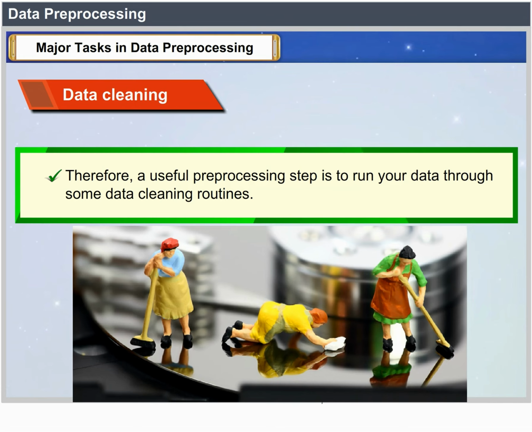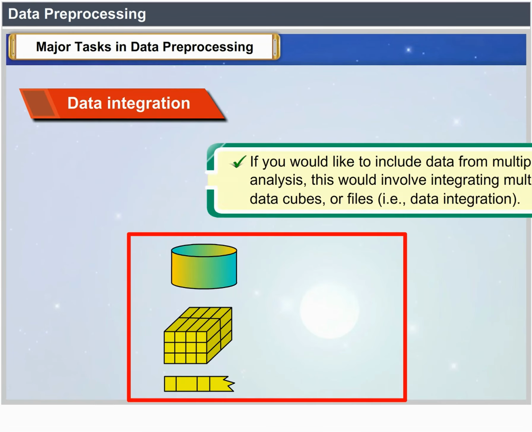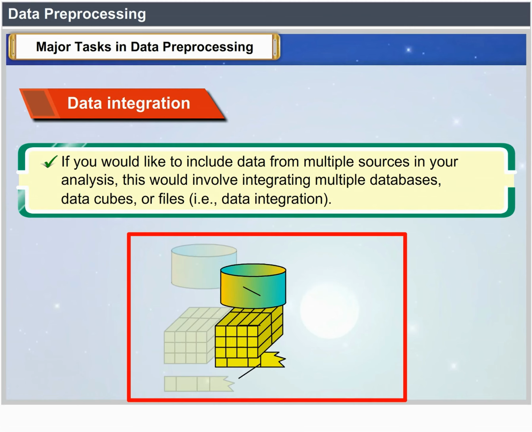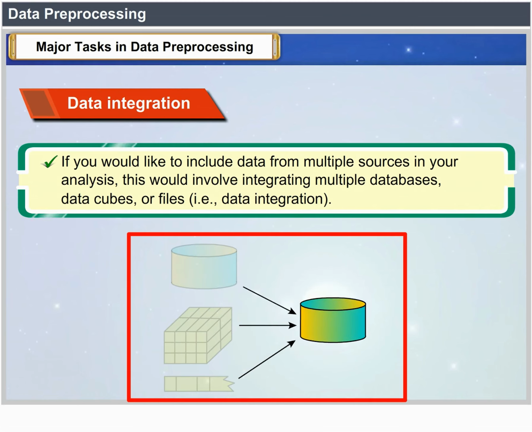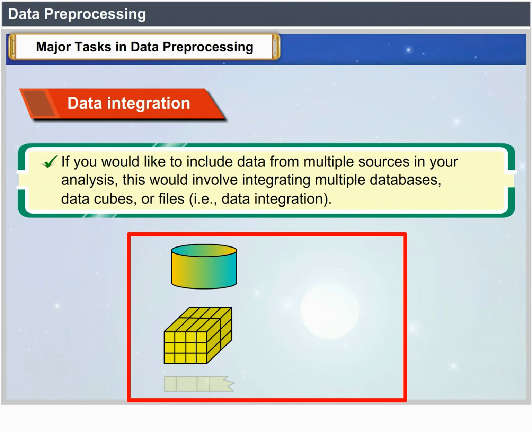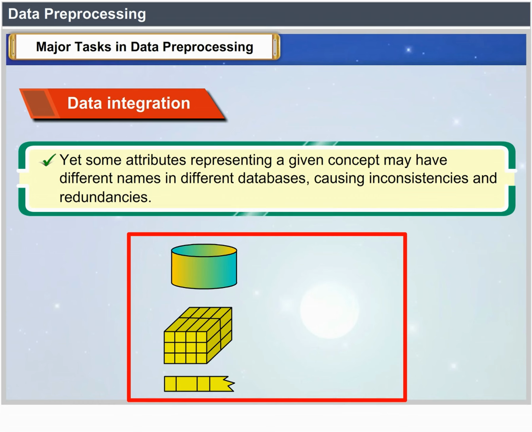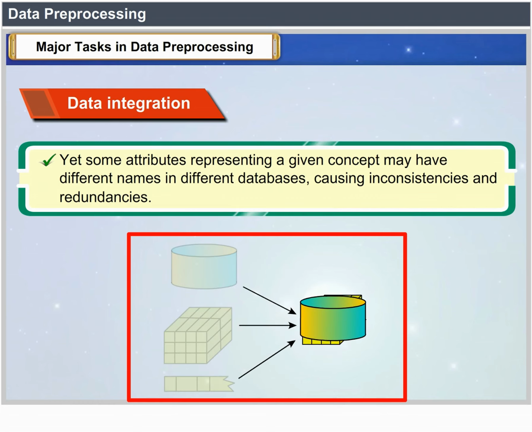Data integration. Suppose that you would like to include data from multiple sources in your analysis. This would involve integrating multiple databases, data cubes, or files, that is, data integration. Yet some attributes representing a given concept may have different names in different databases, causing inconsistencies and redundancies.